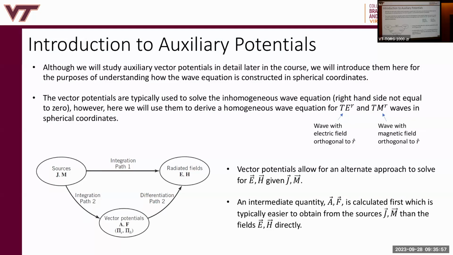That's what we're going to use them to solve later in the course. That's where we're going to really dig deep into this. When we solve the inhomogeneous wave equation, what is the radiation due to source distributions of current? So the right-hand side would not be equal to 0, however, here we will use them to derive a homogeneous wave equation for TE to r and TM to r waves in spherical coordinates.